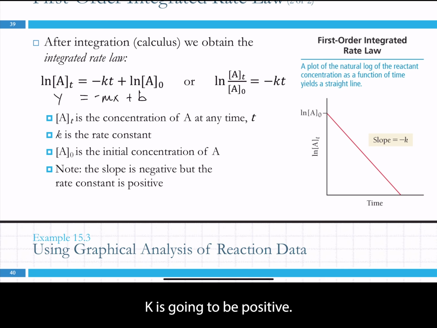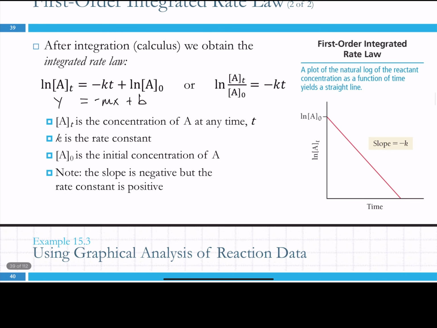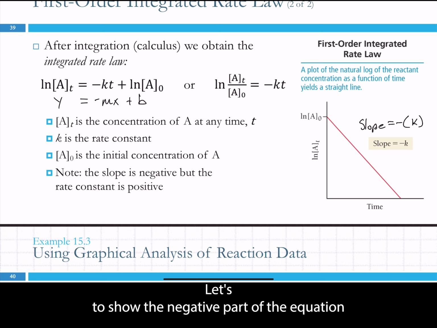K is going to be positive. I'll do it over here. Slope equals negative k. Just to show the negative is part of the equation. K is positive.